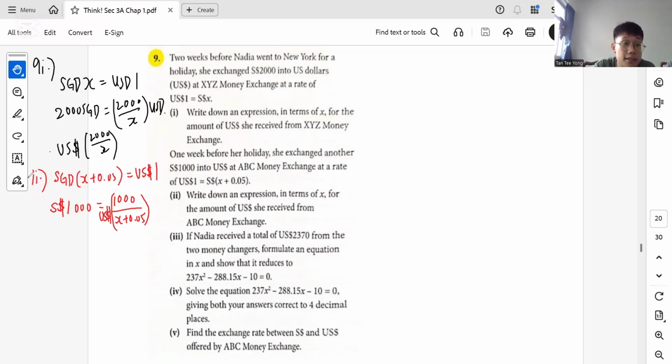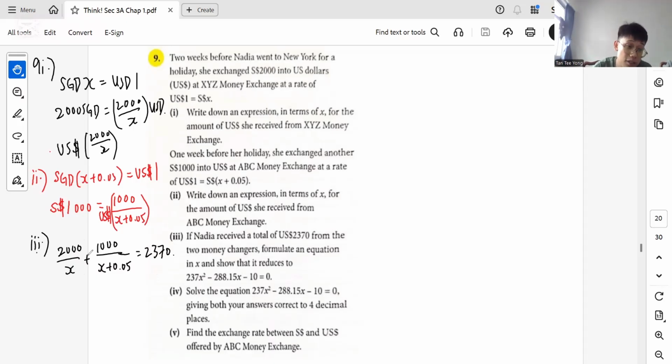Okay, so the next part, part 3. Nadia received a total of US 2,370 from the two money exchanges. So just equate these two values to 2,370. So 2,000 over X plus 1,000 over X plus 0.05 equals 2,370.